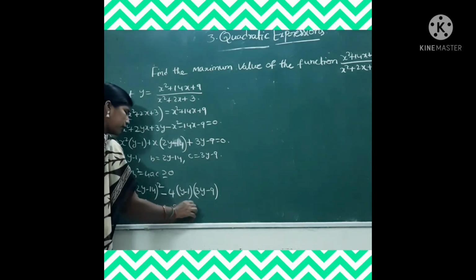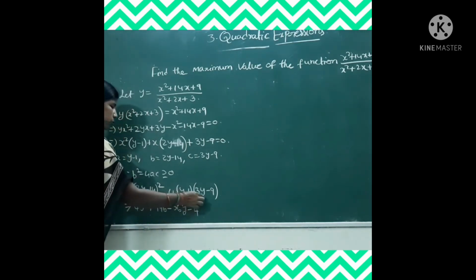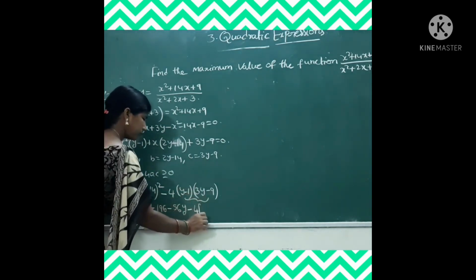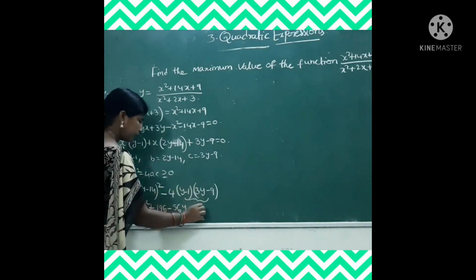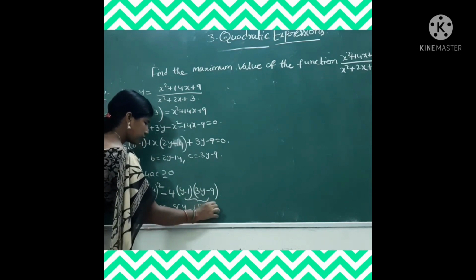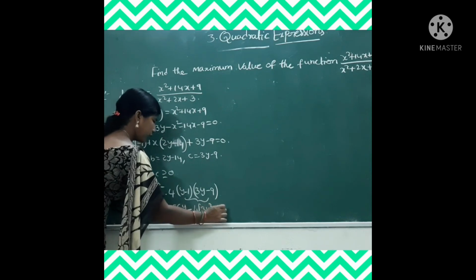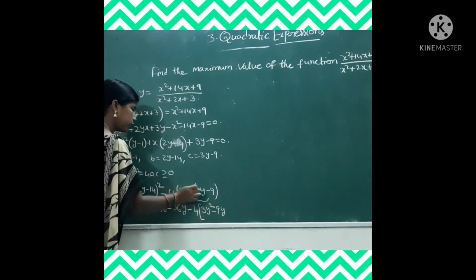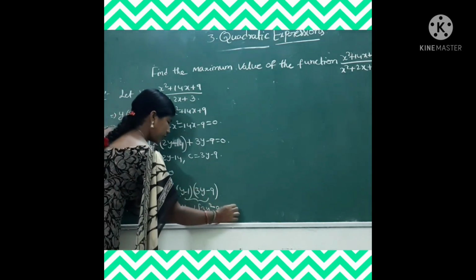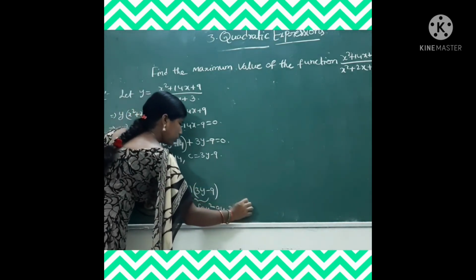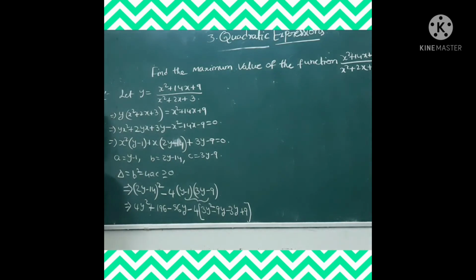Okay, minus 4 into, first both are multiplied: y into 3y is 3y square, y into minus 9 is minus 9y, minus 1 into 3y is minus 3y, and minus into minus is plus 9. Okay, understand?